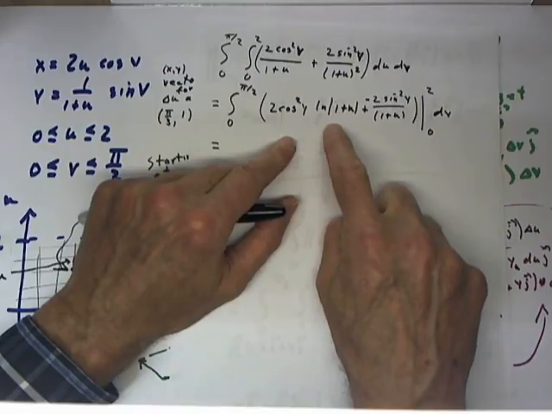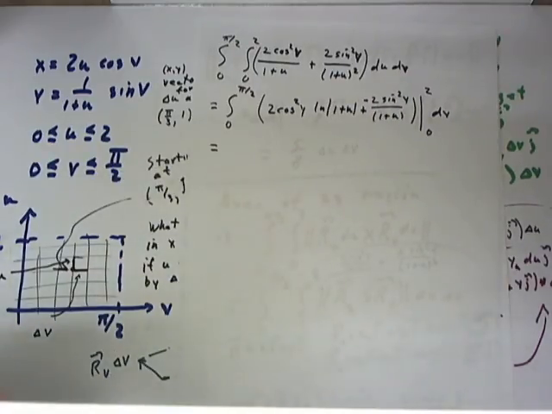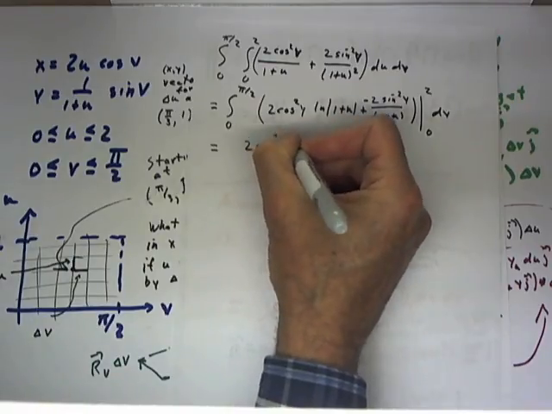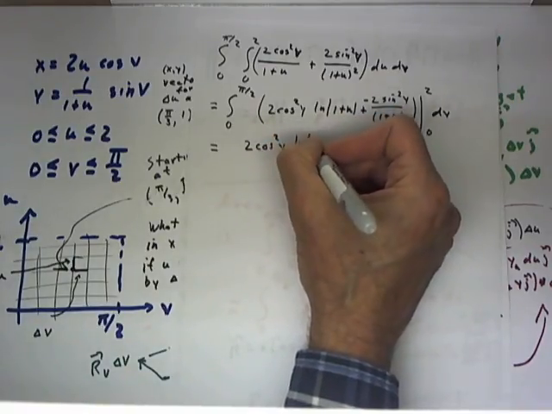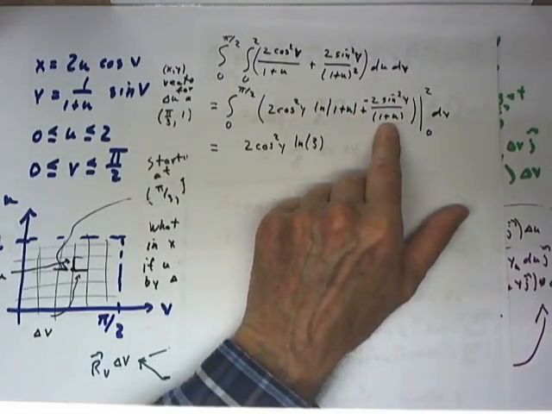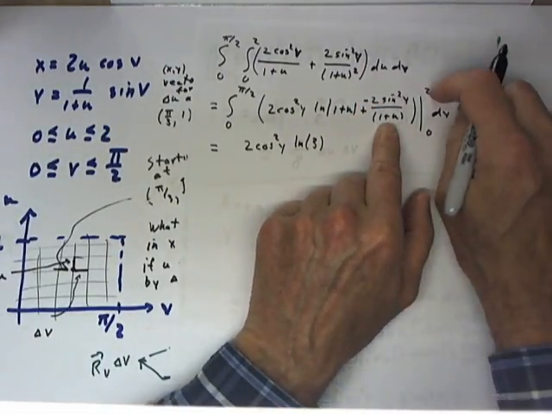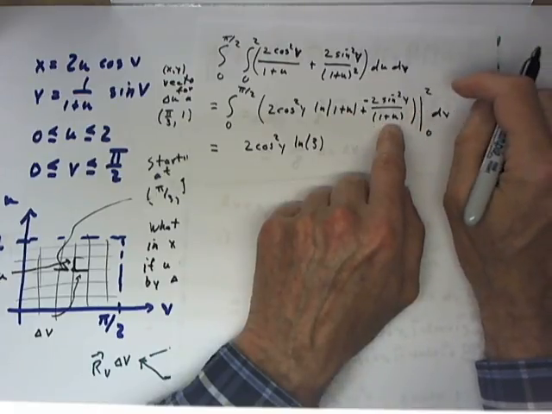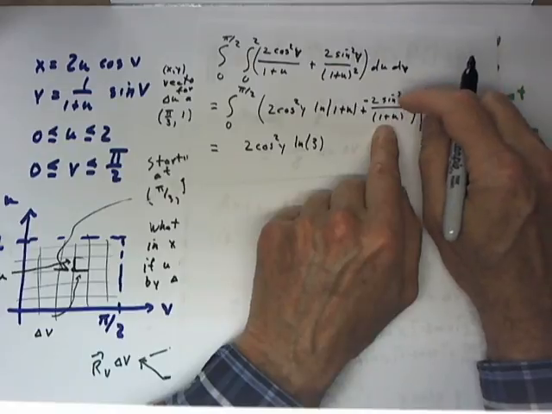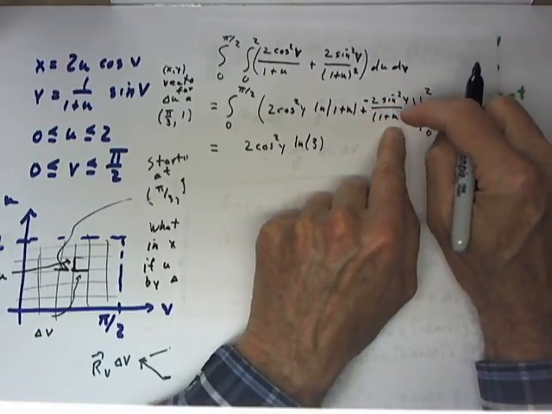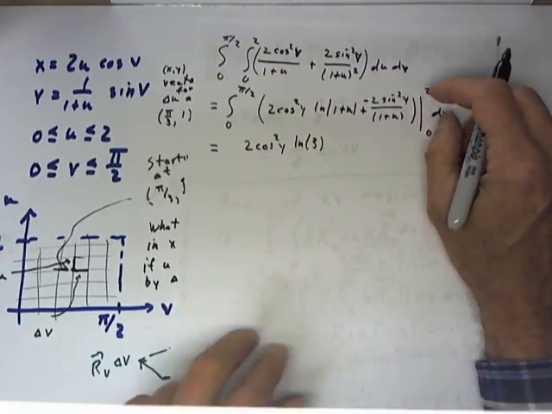Natural log of 1 is 0, so we're just going to end up with 2 cosine squared v, natural log of 3. 1 plus u, if u equals 2, is 3, so substituting 2 in here, we get 1/3 of the negative 2 sine squared v. Substituting 0, we just get the negative 2 sine squared v.